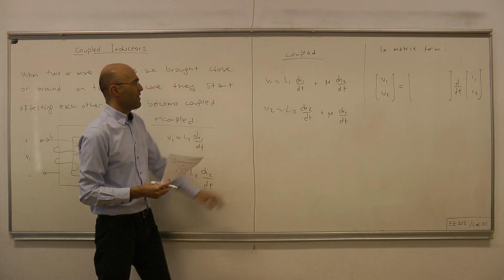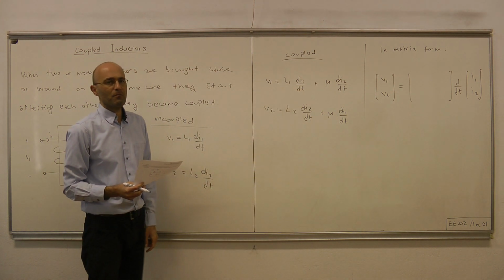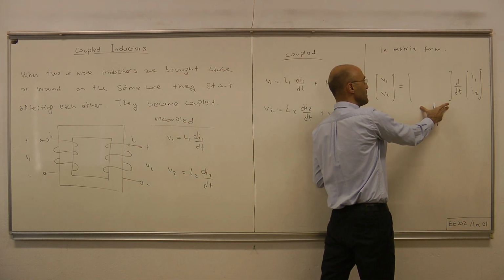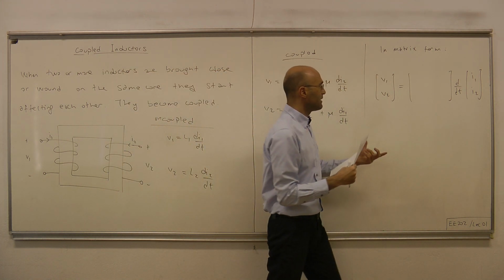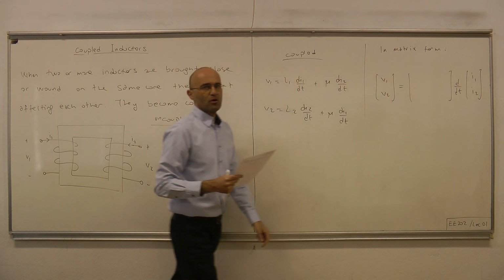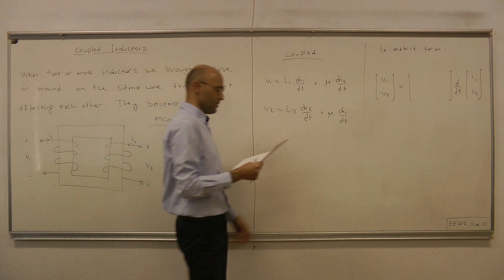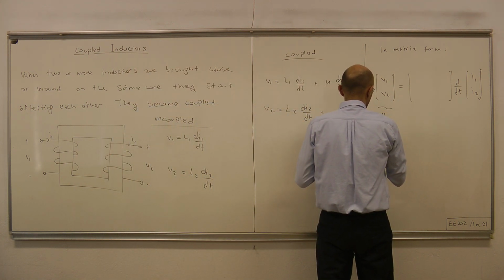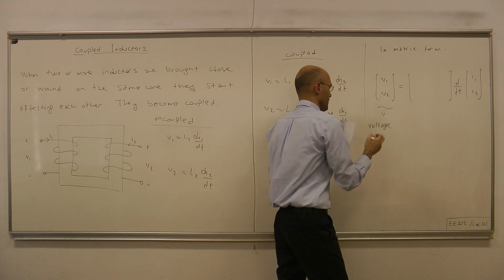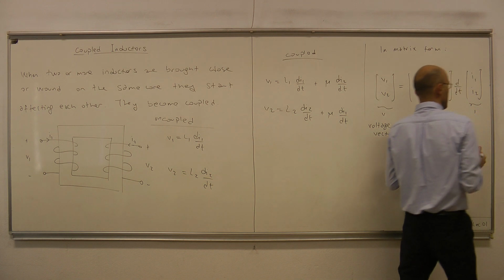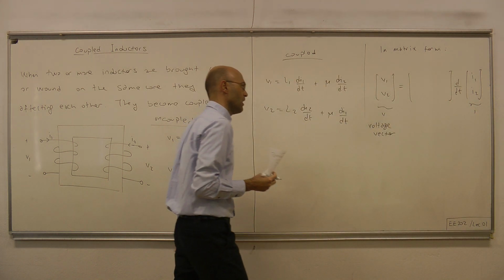These coefficients determine the entries of the matrix that relates this voltage vector to the rate of change of the current vector. Let's call this V, our voltage vector, and let's call this I, our current vector.